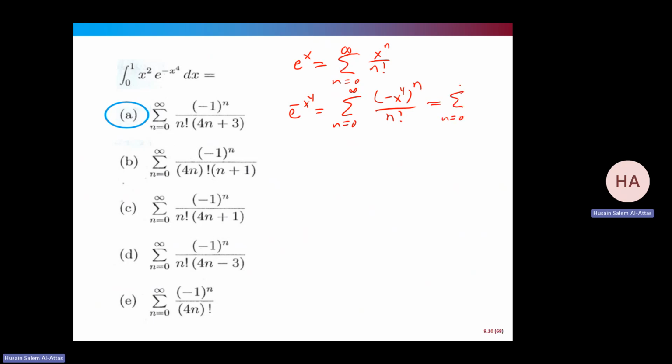Summation n equals 0 to infinity, minus 1 to the power n over n factorial x to the power 4n. Now multiply by x squared, that will be 4n plus 2. Now integrate from 0 to 1.